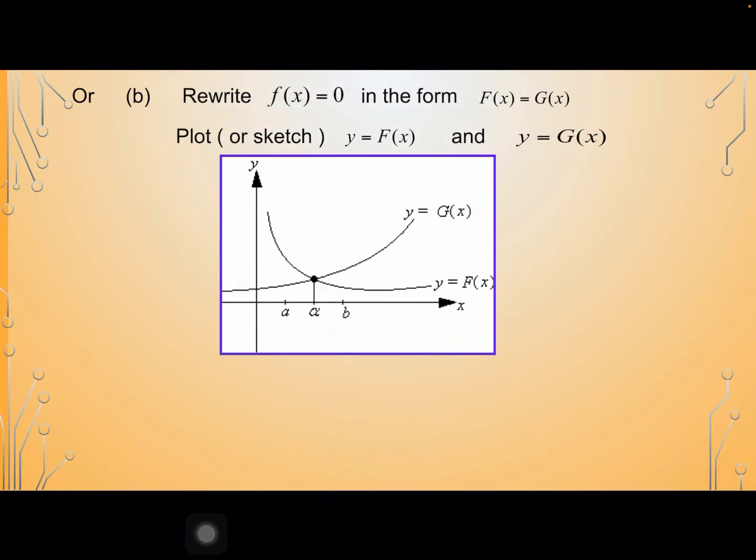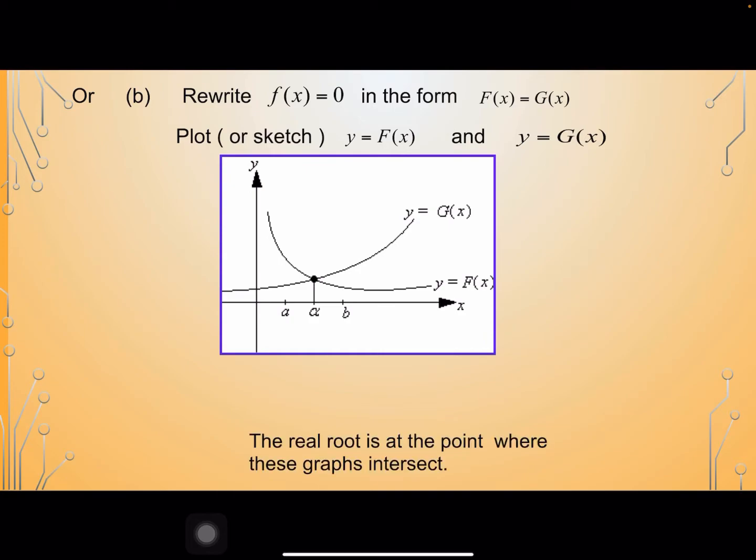For example, we have two curves of f(x) and g(x). So the real root is at the point where these graphs intersect. For this example, the root is alpha.